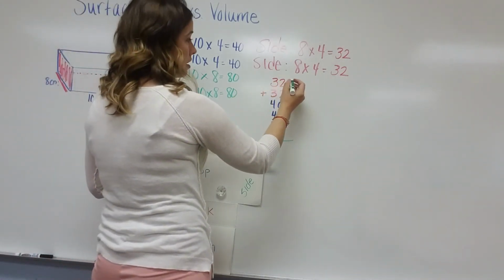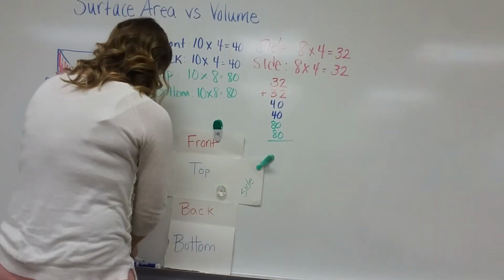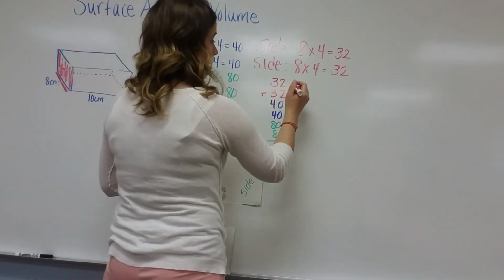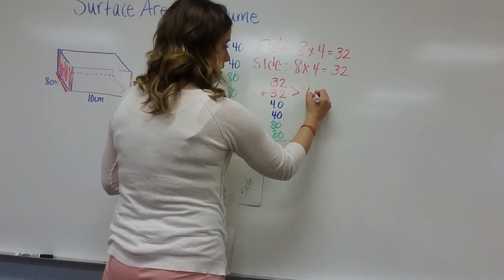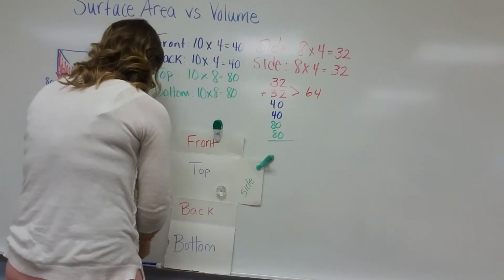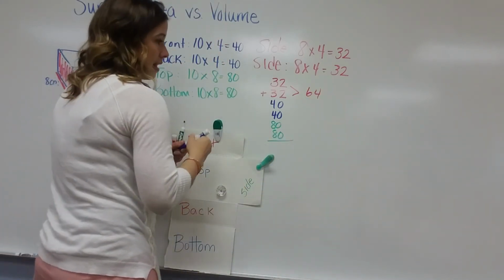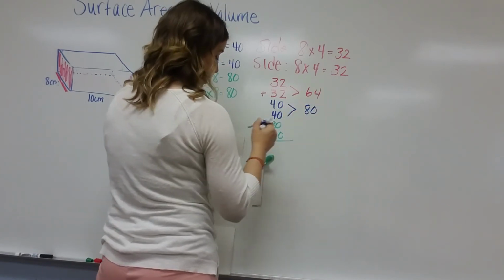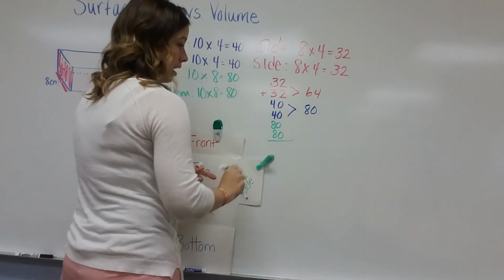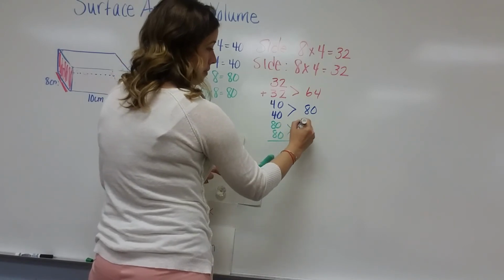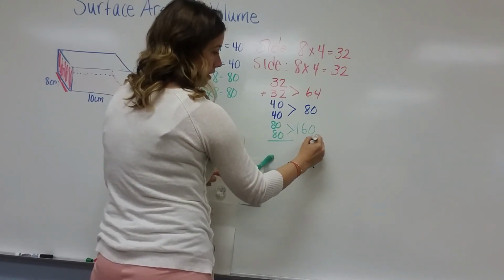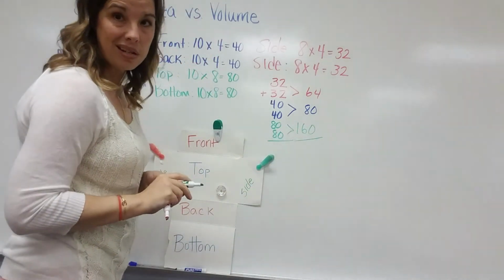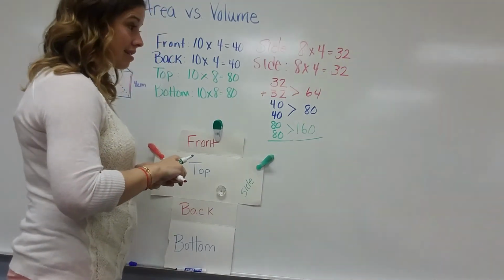So we do 32 plus 32, that gives me 64. This is just an easier way for me to do it. And then 40 plus 40 gives me 80. And then 80 plus 80 gives me 160. Okay? 3 numbers are easier to add than 6.